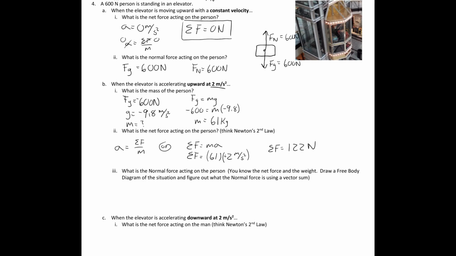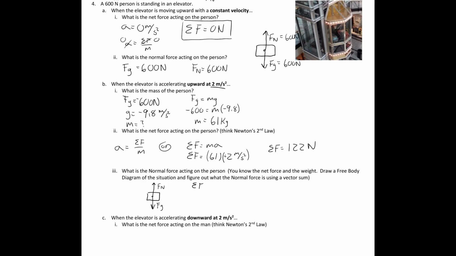Now it says, what is the normal force acting on the person? You know the net force and the weight. Draw a free body diagram of the situation and figure out what the normal force is using a vector sum. So here is the free body diagram. It's still just two forces, Fg and your normal force. So let's do the vector sum thing.